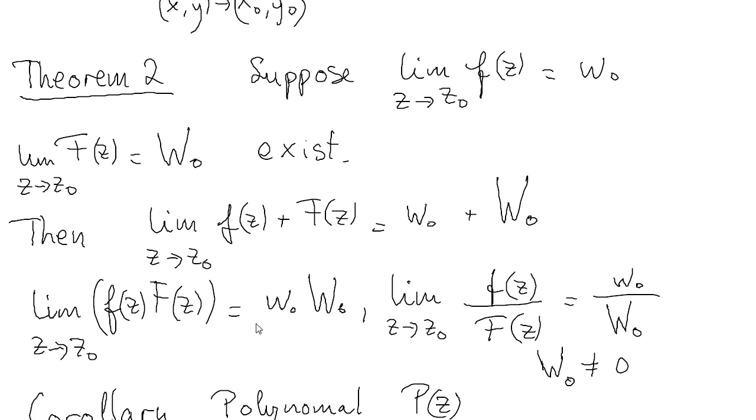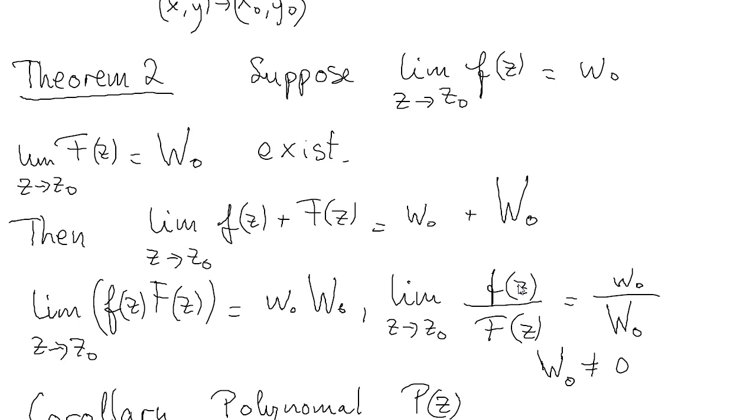In the same way, if we want to take the limit of the product of these functions, then this limit would be, not surprisingly, the limit of each of these functions multiplied with each other.